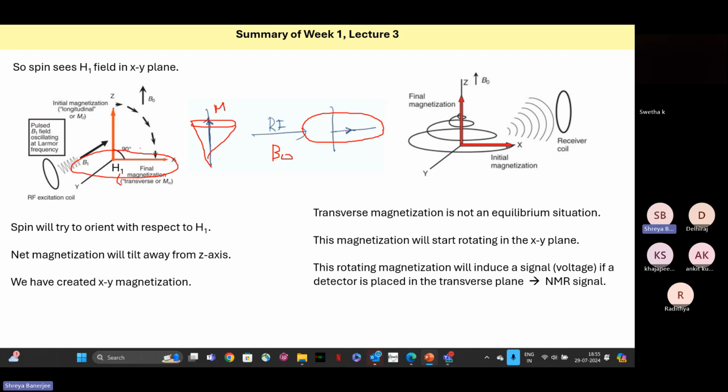In the XY plane also, it rotates similar to the Larmor precession. So in NMR, what happens? You give the magnetic field for a short amount of time and then you switch it off. When you switch it off, again, this will come back to this direction. And that is why there is a decay of the signal.